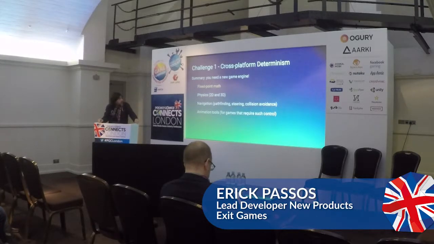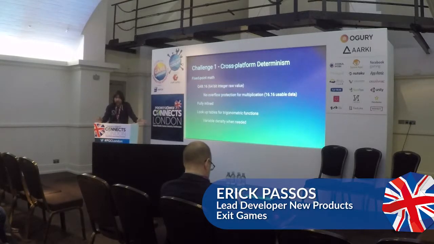And about fixed point math, this was what we chose to use, and talking to other people, it seems to be the best solution anyway. It's like using a 64-bit integer to store a number and using 48 bits for the integer part and 16 bits for the decimal part.